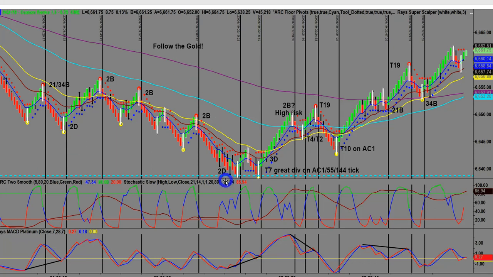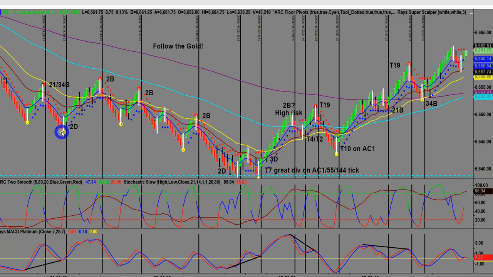Now down here, on the midline pivot, we've got a great double bottom again. There we had a double bottom with divergence. Over here we had a lower low with divergence. The highest probability divergence trades will be when you're bouncing off the pivot.